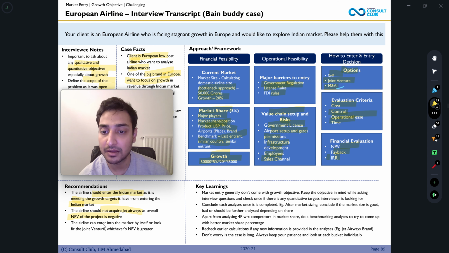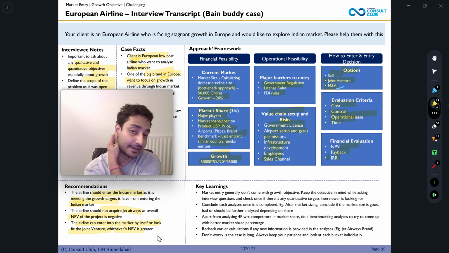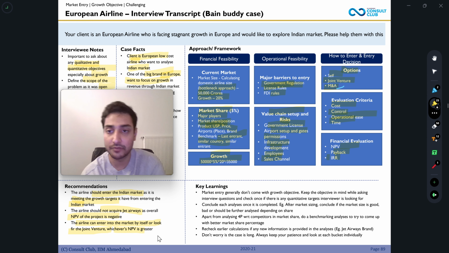The airline can enter the market by itself and look for joint ventures, whichever net present value is greater. Okay, this part was not discussed, but if you had gone down in the calculation, this part might come up, which makes out that Jet Airways net present value is lower, in fact negative. So going with joint ventures is beneficial.